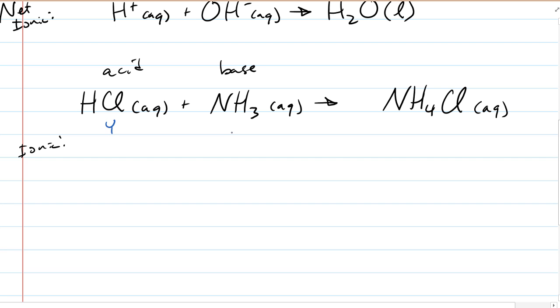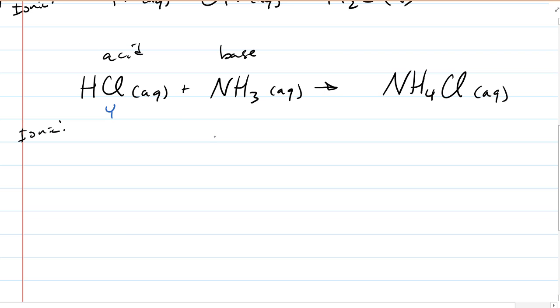It's a weak electrolyte. Very good. It's a weak electrolyte, not a strong electrolyte. It's a weak base. Is ammonium chloride a strong electrolyte? Yes, it is. Because what type of compound is this? Ionic, and it is aqueous.